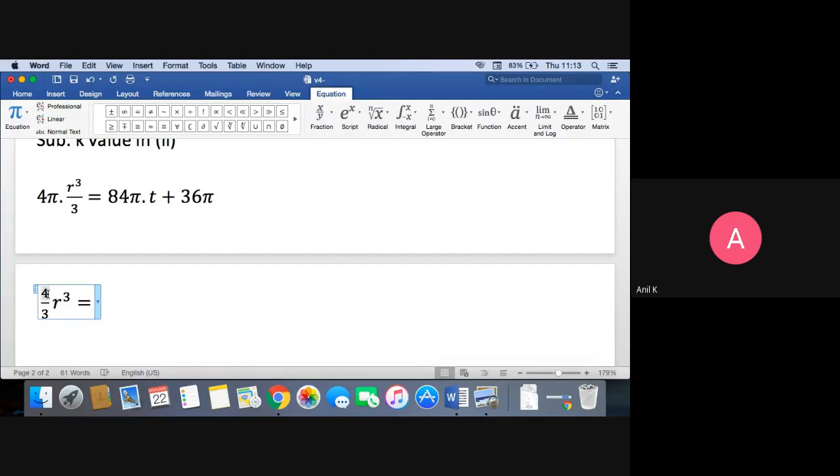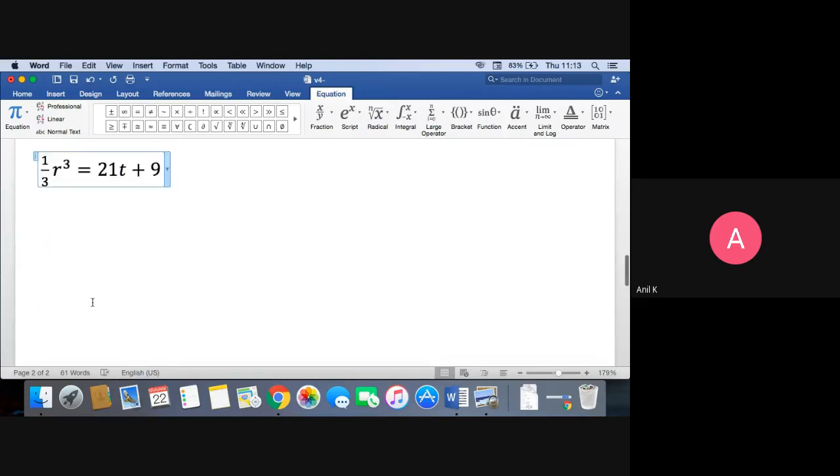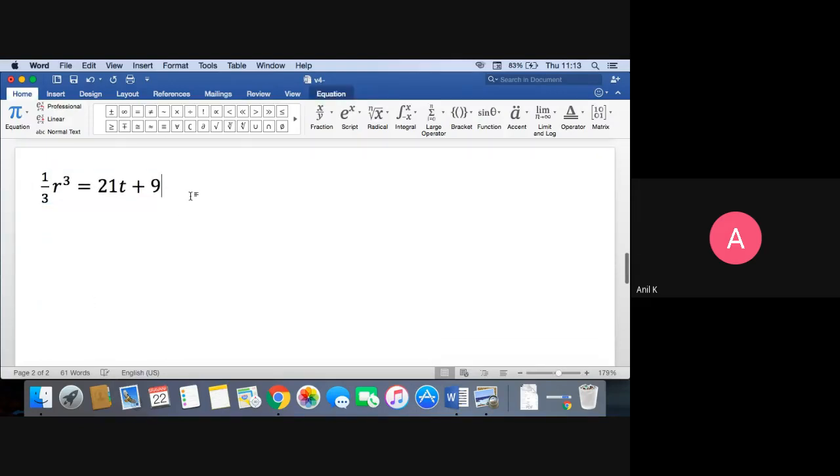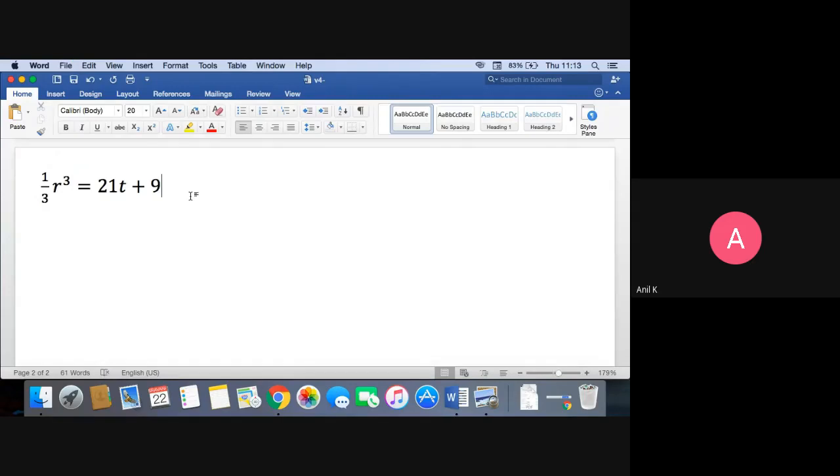So here you will have 1 upon 3 r cube equals 21t plus 9. So at any given time, you can always find the radius of the balloon.